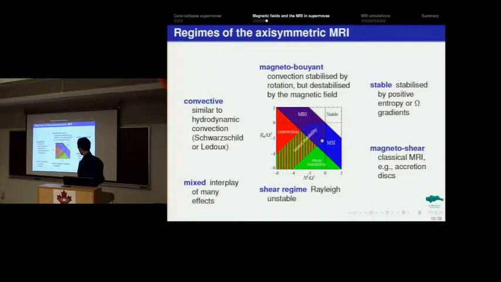Those modes characteristic for this and this regime are the Alfvén and the buoyant modes, respectively. And the regimes which are most important to supernovae probably are somewhere here, most likely convection, the mixed ones, and possibly also the magneto-shear regime.